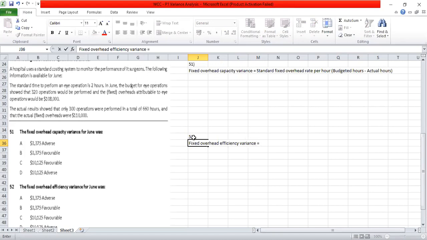There also we will write standard fixed overhead rate per hour in bracket. What will I write? Standard hours according to actual output. That's right. Standard hours. That's the point of difference. Standard hours or budgeted hours for actual output.